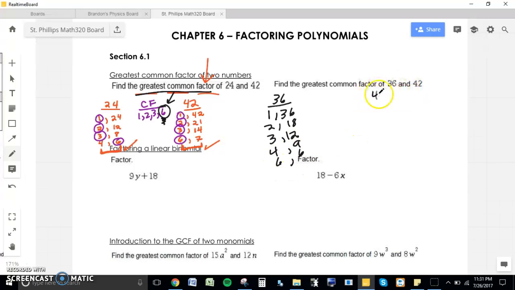And what about 42? 1 in 42, 2 and 21. No, we just did these, right? We can just borrow our numbers from over here. 3 and 14. Work smarter, not harder, right? I'm all about that. And then again, we find all the common ones and we try to find the largest. And looking at these numbers, we can see that it's going to be 6 again as our greatest common factor.